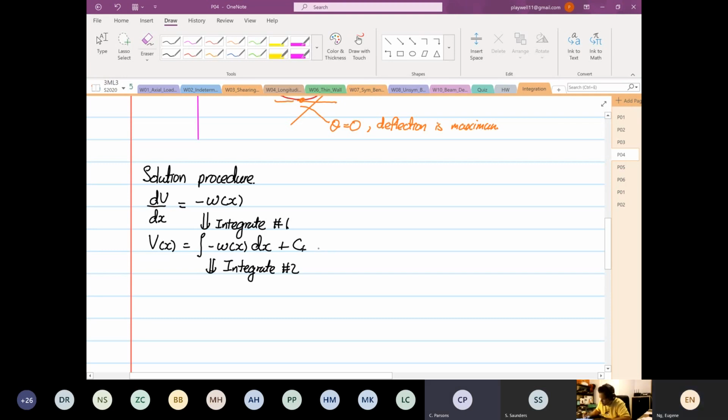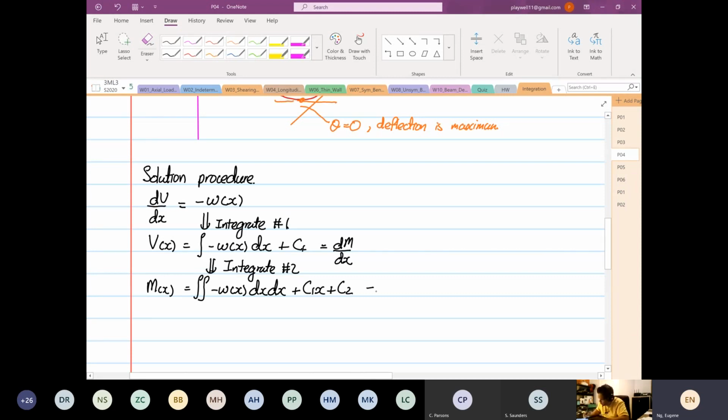Does E and I remain constant in the equation above? Yes. So this is also equal to dM by dx. We've done this. So now M as a function of x: you integrate twice minus omega as a function of x, once, twice. Now this becomes c1x plus c2.